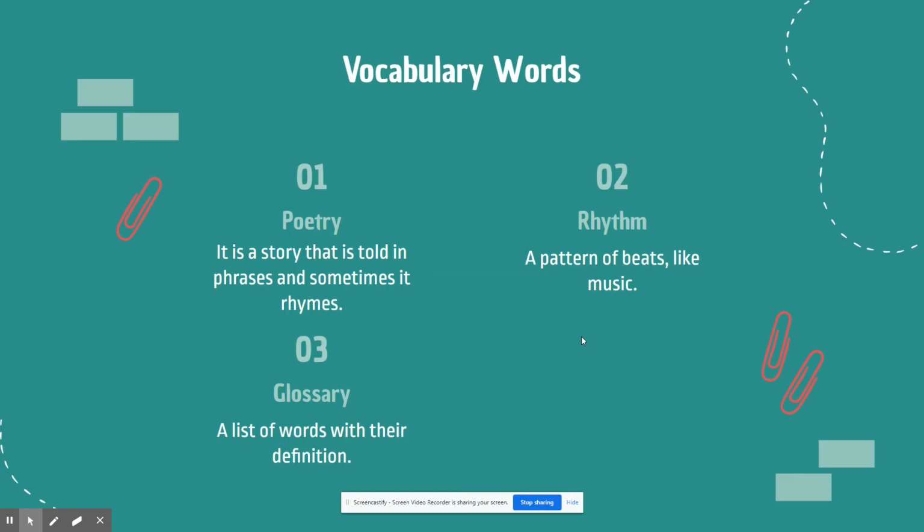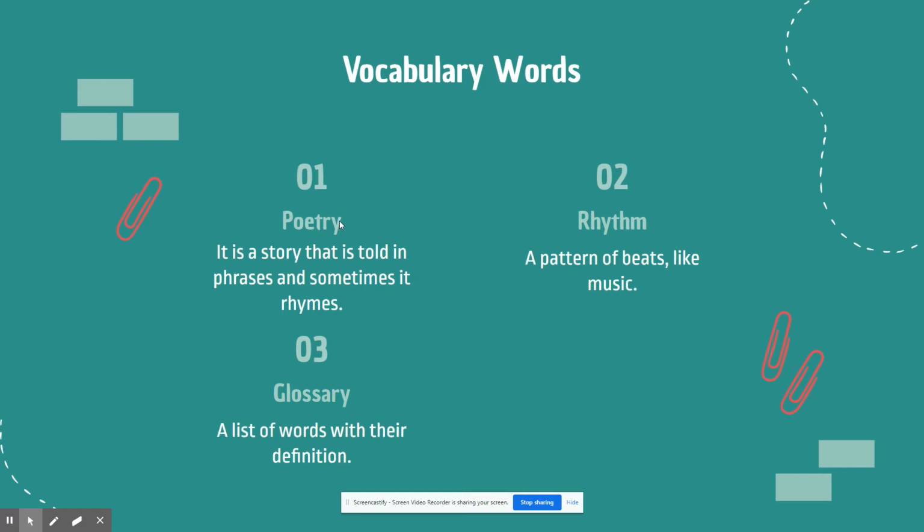Now, here are some important vocabulary words that are taken from the poems, right? So, what is poetry? Poetry is basically a story that is told in phrases and sometimes it rhymes. So, it's a story that rhymes, it's a story that's told in phrases. Sometimes it's not complete sentences, and it's a little bit different from a regular story.